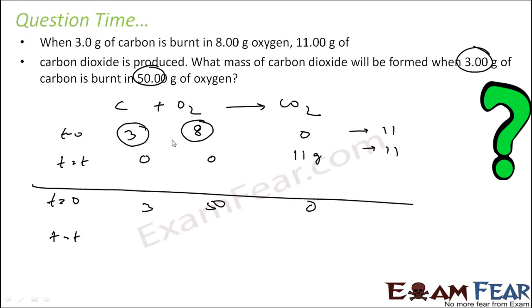Both the reactants are consumed. Carbon and oxygen are consumed to give 11 gram of carbon dioxide. So this will become 0 and this will become 50 minus 8. Only 8 gram will be used and here you get 11 grams again.